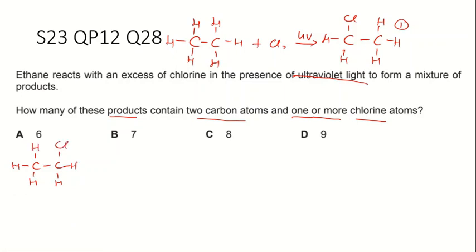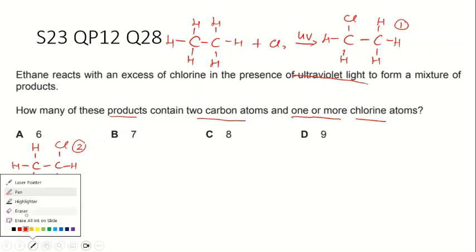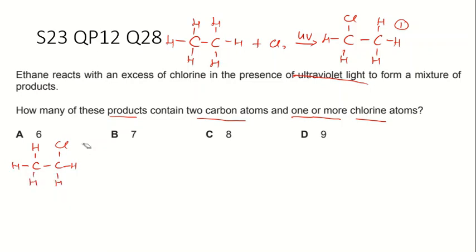This product and product number 1 are actually identical. Let's say I put this as number 2. They are identical because you will name this as chloroethane. Number 1, you could name it as chloroethane also. They are the same thing. So I'm going to erase this number 2 because they are not different products. So this is still number 1.